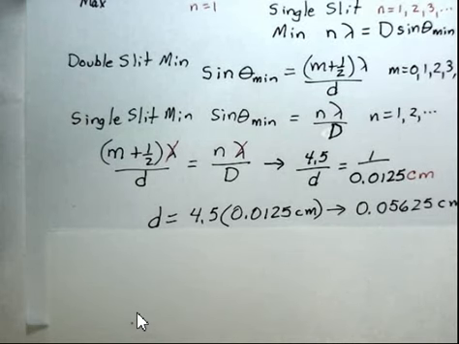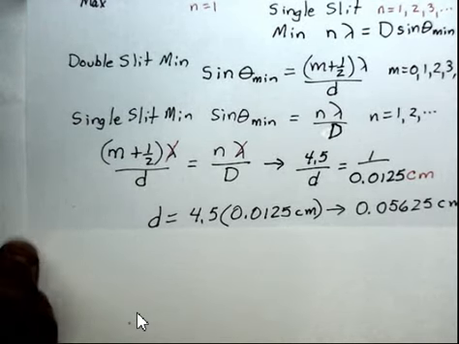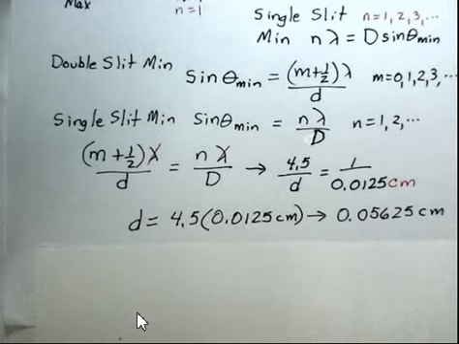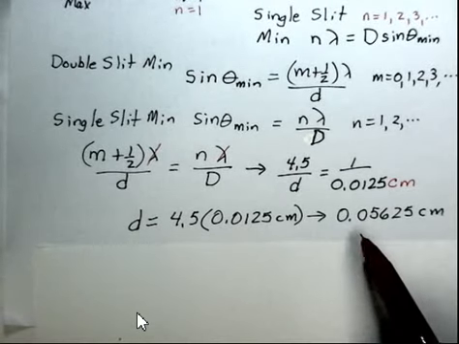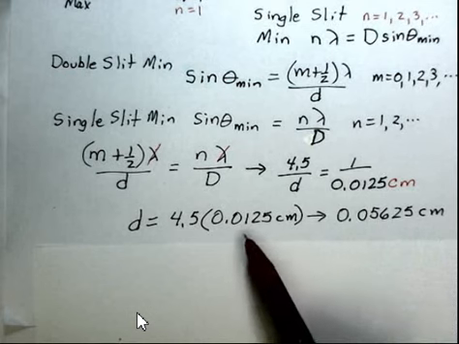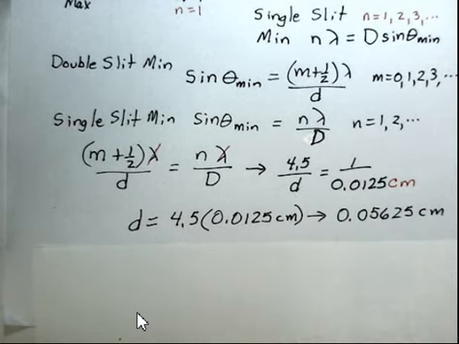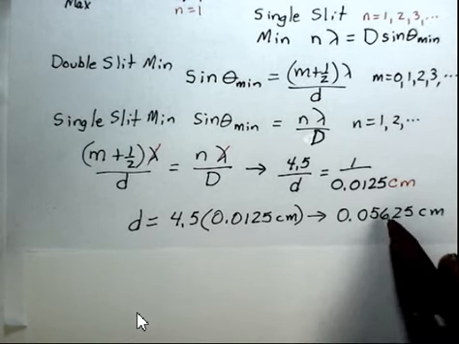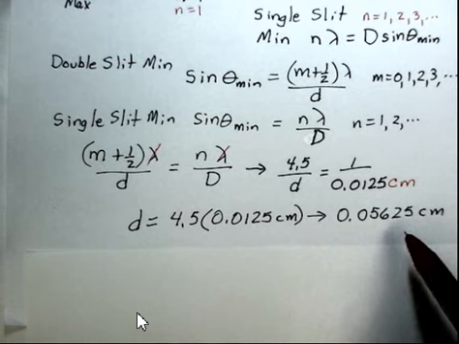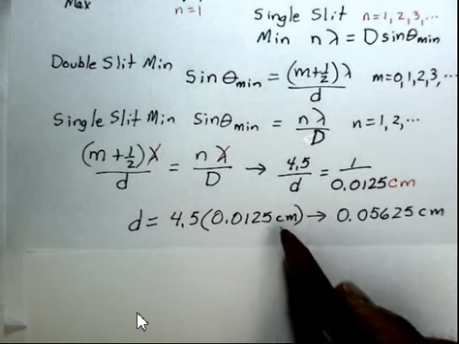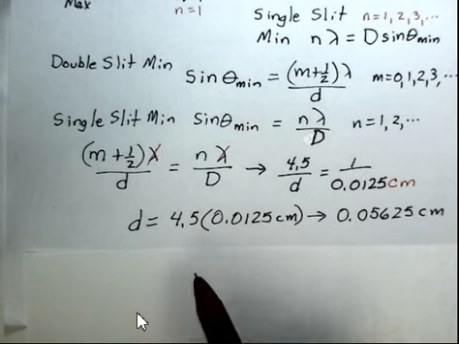In what way is this roughly correct? Well, the separation has to be bigger than the individual width. So 0.056, that is bigger than 0.0125. So at least from that basis, it succeeds. If you divide these two numbers, 0.05625 divided by 0.0125, you get 4.5.